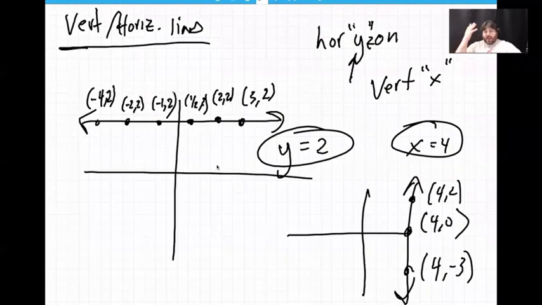Vertical lines are x equals. Kind of easy ways to remember that. Horizon, y is horizontal; vertex, vertical is x. You can also just plot a few points. You'll see really quickly, oh, the y values are all 2, or oh, all the x values are 4, or whatever. So just something good to put to memory there, those vertical and horizontal lines.